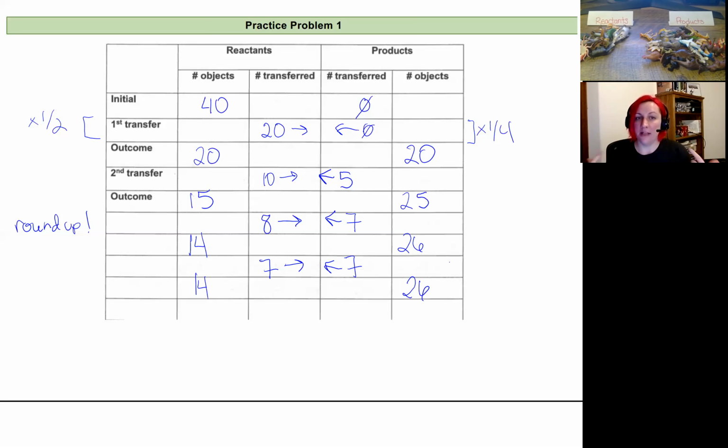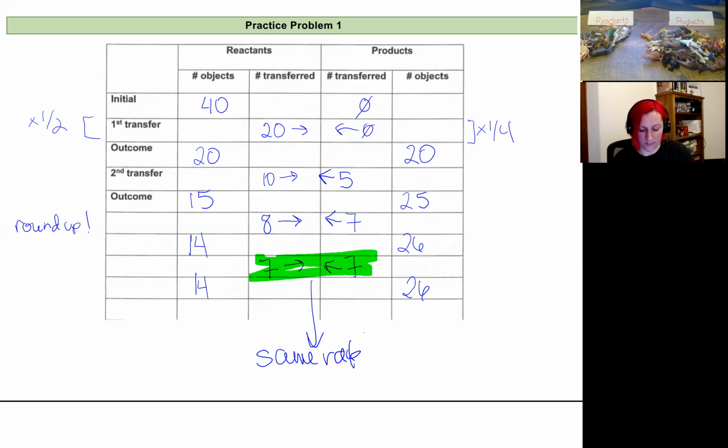And so the number of my reactants isn't going to change, i.e. the concentration. And the number of my products isn't going to change, which is the concentration of my products. And if I'm looking at the number that are transferring, I'm always transferring half or a quarter every single time, but I can see that right here, when I'm transferring 7 objects each time, even though I'm following these 2 different rules, I'm seeing the same rate.